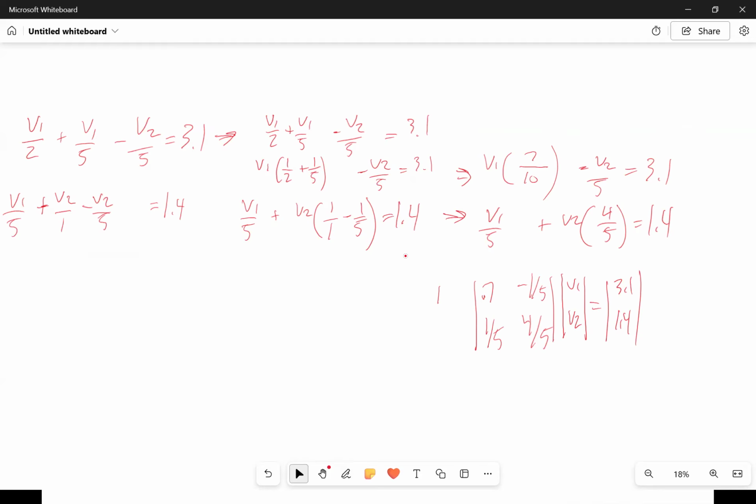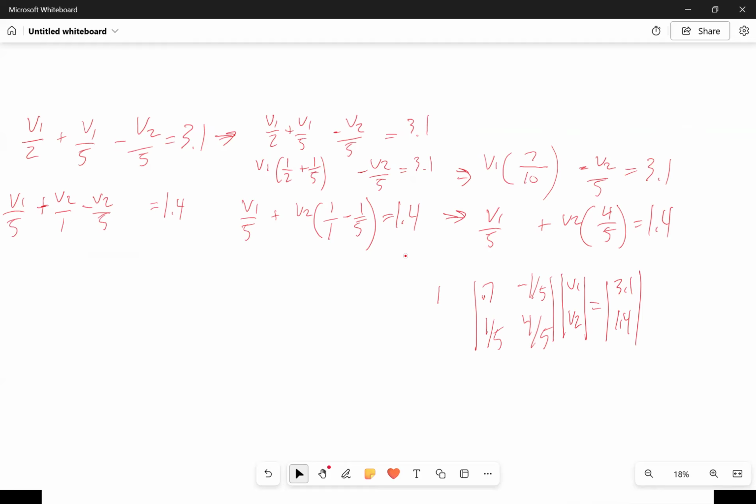That gives me my first row, and then I can set it equal to whatever it's equal to, which is 3.1. I do the same thing for the next one. V1 is multiplying 1/5. So now I've moved to the second row. And 4/5 is multiplying V2. And then that equals the 1.4. Okay.